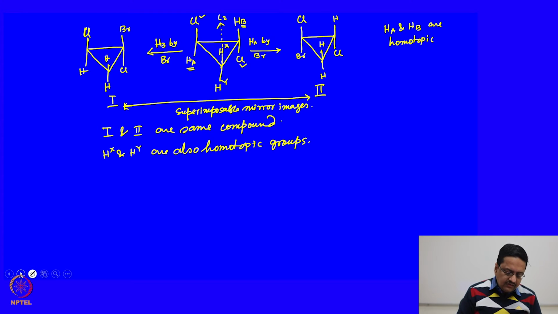Now, let us understand what happens when we call a group enantiotopic.